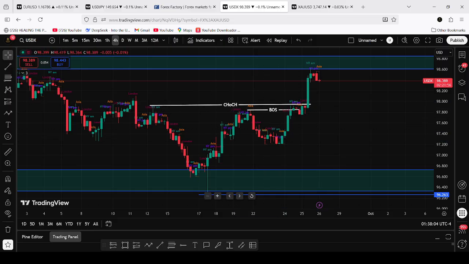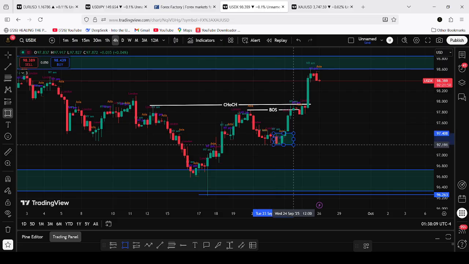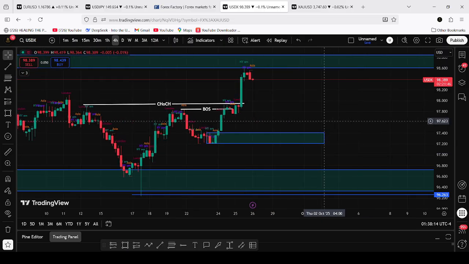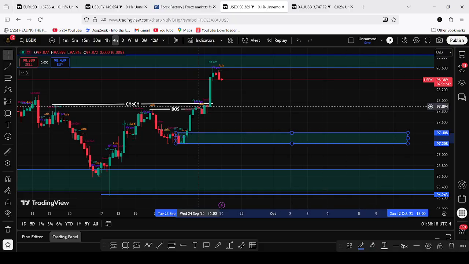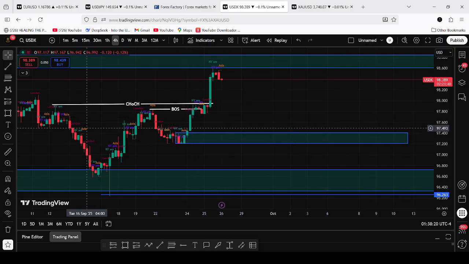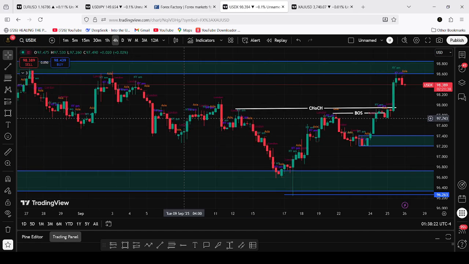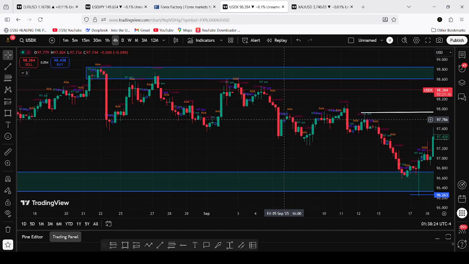And if there is a BOS, that means that at that point there might be another block. So we might be waiting for the market to retrace at this point, maybe for us to see some buy opportunity for this asset.